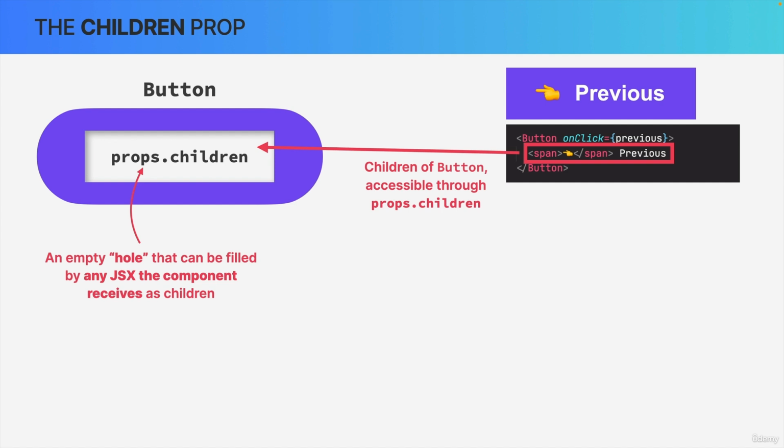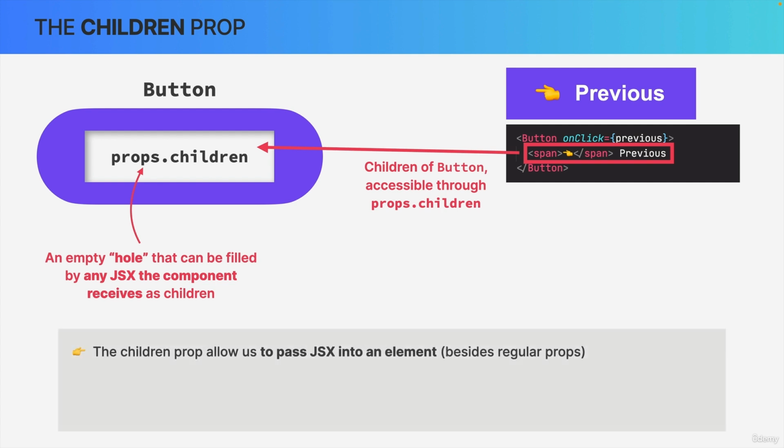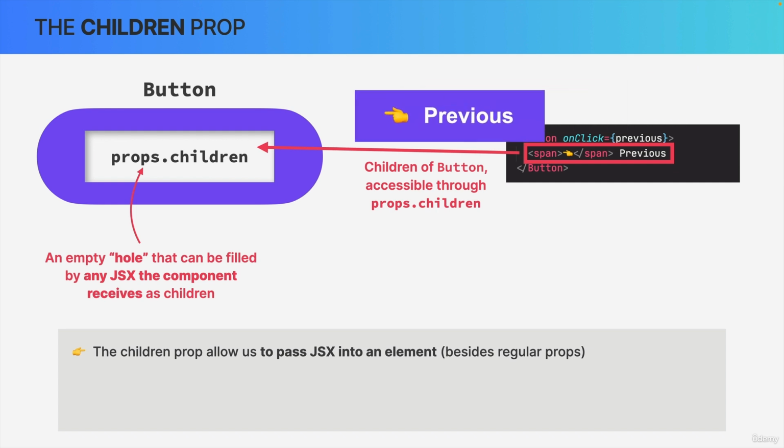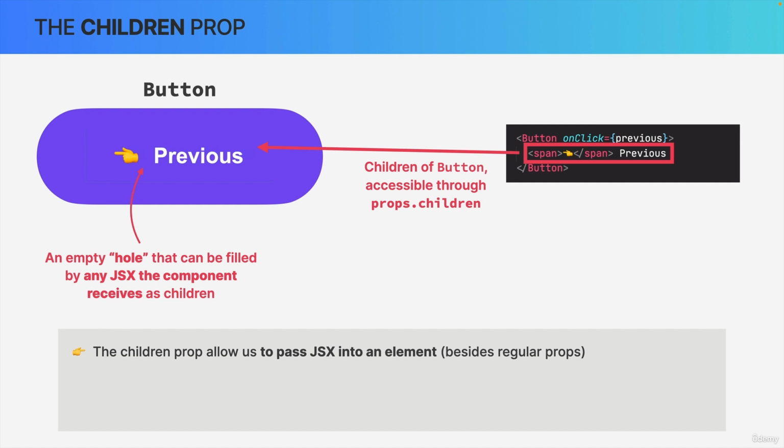So basically, by defining child elements like this, we are passing them into the button just like we can pass in any other prop. The difference is in the way in which we specify the more regular props and this one. By passing in content between the opening and the closing tag of an element, we fill the hole that we left in the component by using props.children in the JSX of that button component.